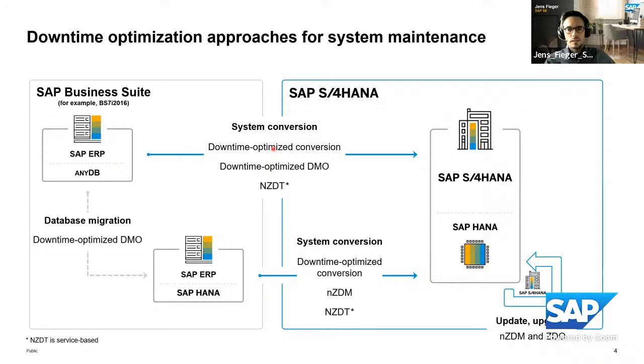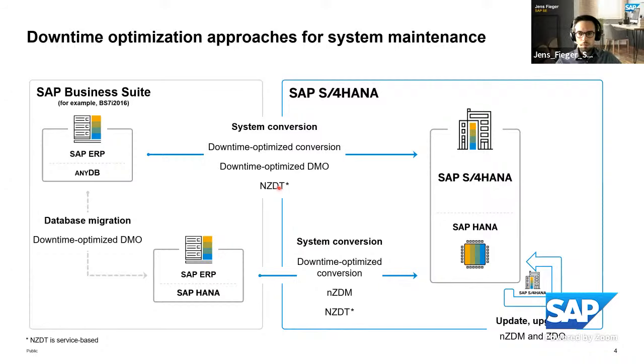So there are 3 flavors of optimizing a conversion coming from NADB going to SAP S/4HANA. The first 2 come along with the SUM tool, and Boris has introduced that in the past webcasts that he did as part of the Global User Group sessions. The third one, NZDT, is a service-based approach.